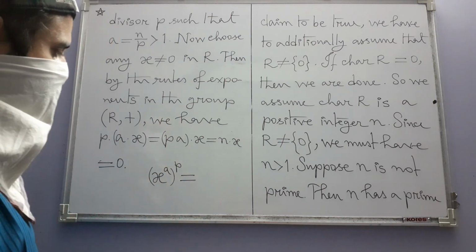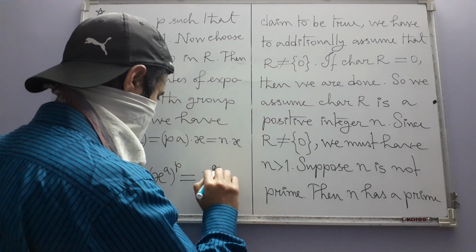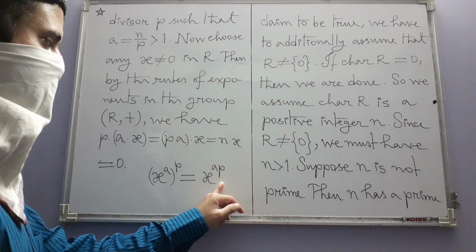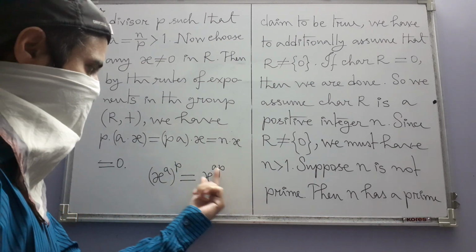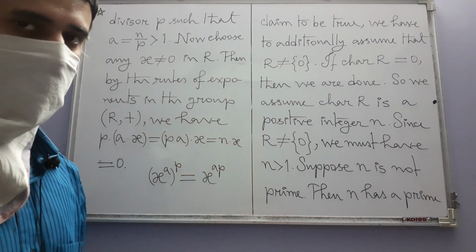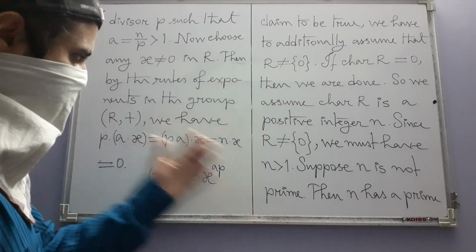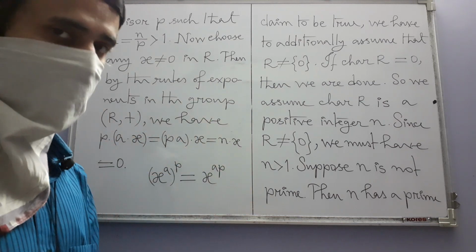One of them allows us to write this as this. And if you translate this back using the additive notation, then this will be just this. Keep in mind that here x is a ring element, but p, n, a are positive integers.